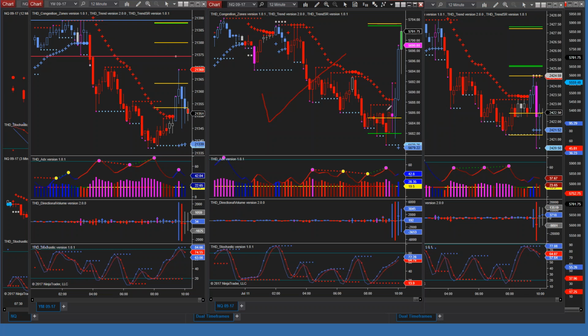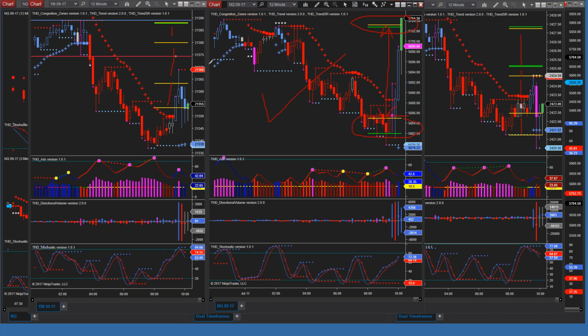Look at the difference in this. You've got one set of support and resistance here. The next set is up here. Now, compare that with this one. Do you see how jagged these are?